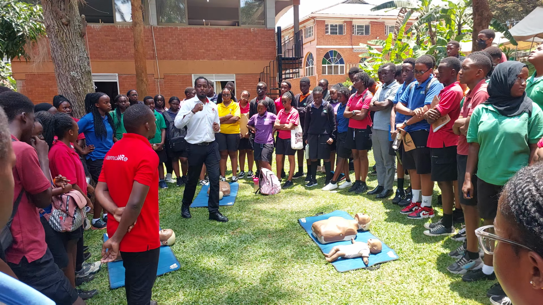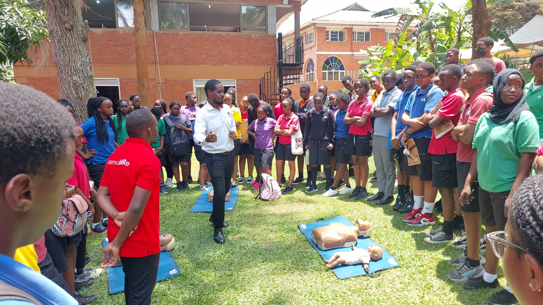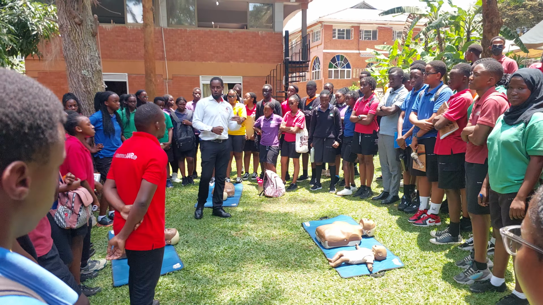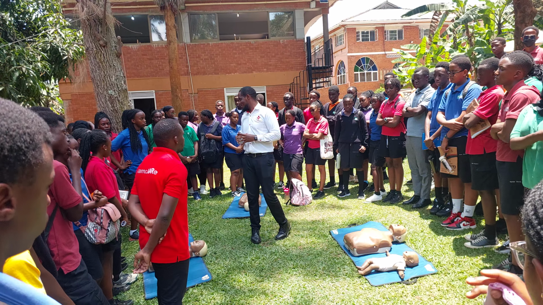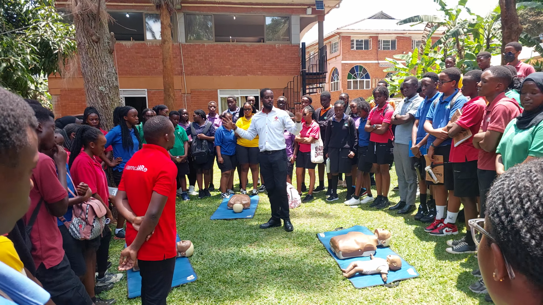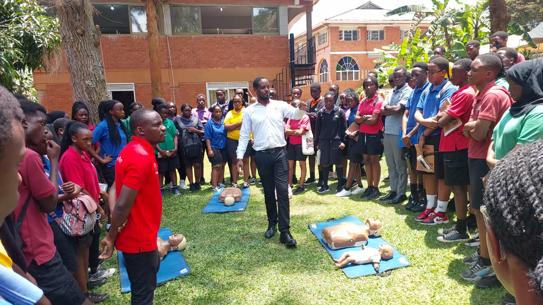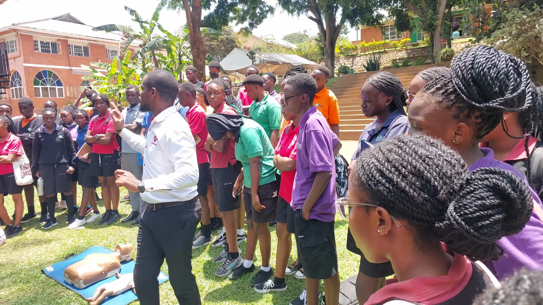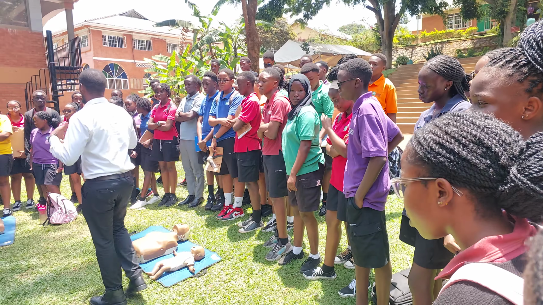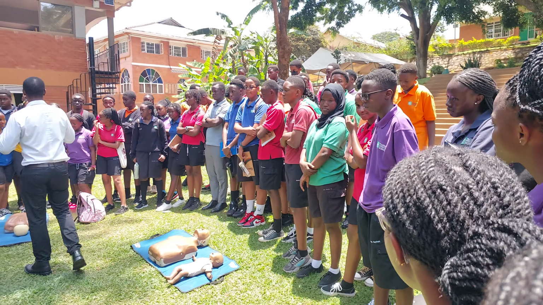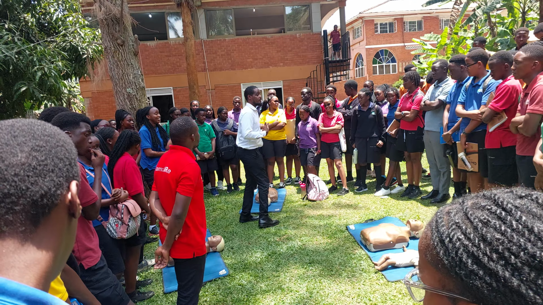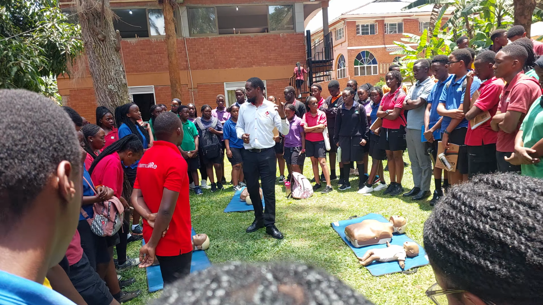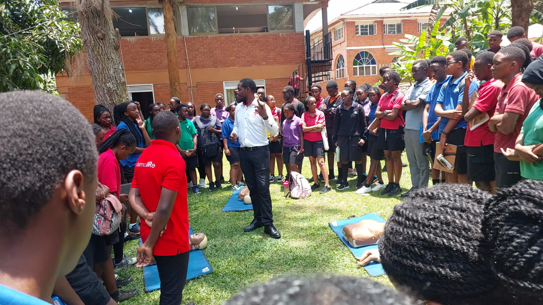Now, before you approach your casualty or your victim, there are steps that we follow. Step number 1 is, what are you supposed to do? You have to assess the scene where that person has collapsed and make sure it is safe for who?